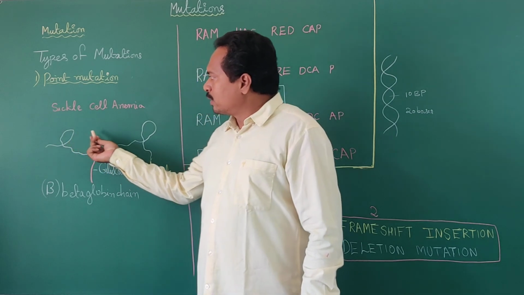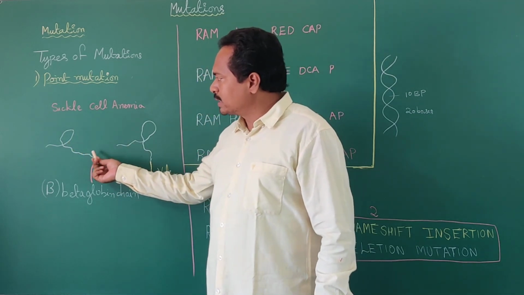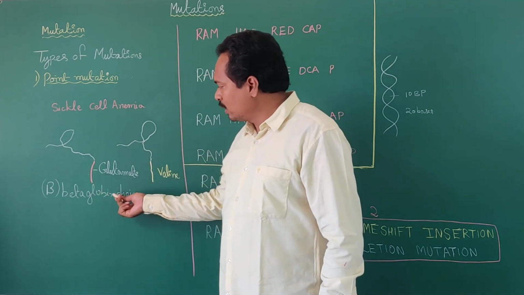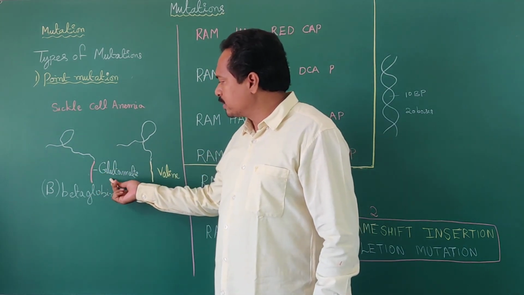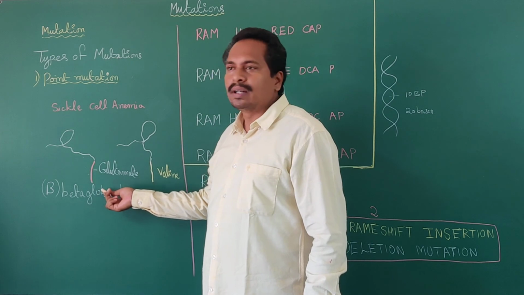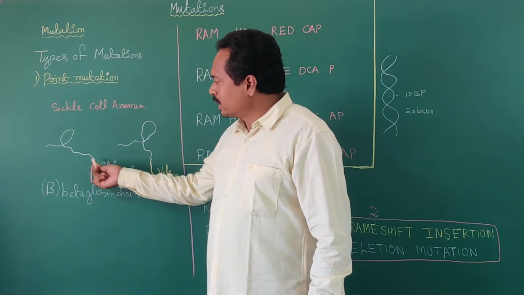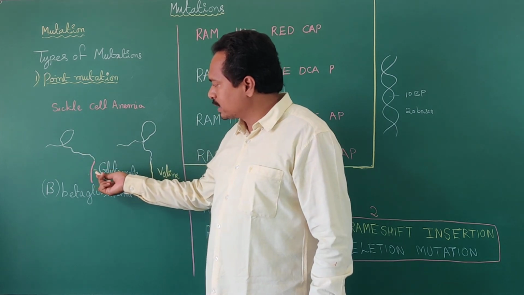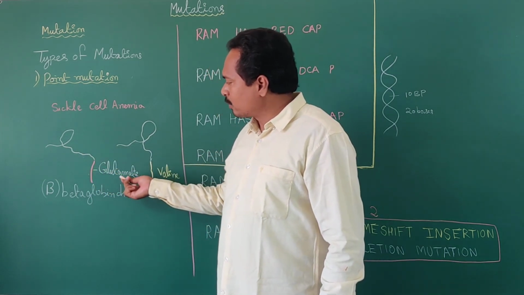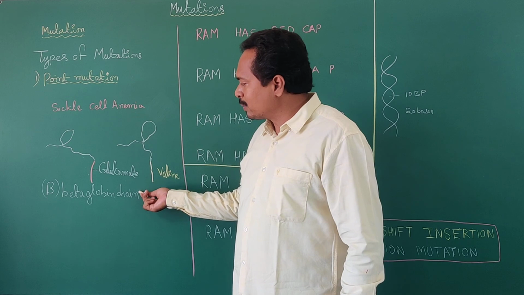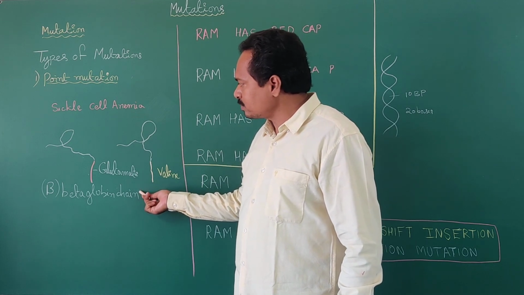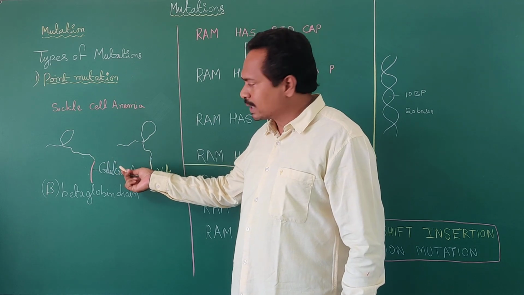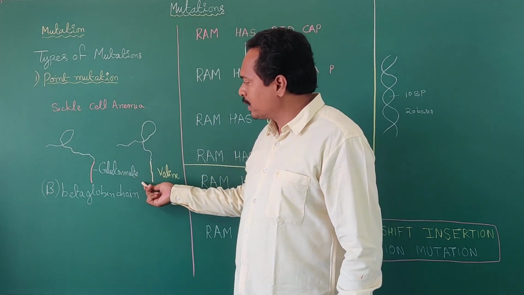For example, in human beings, in blood cells, the beta globin chain generally consists of the glutamate amino acid. If a single base pair change occurs during formation of the beta globin chain, what will happen?